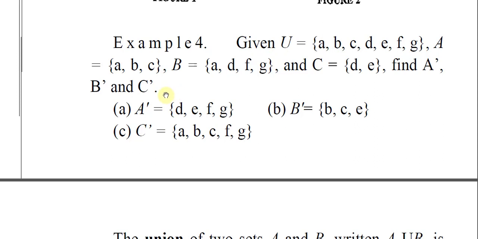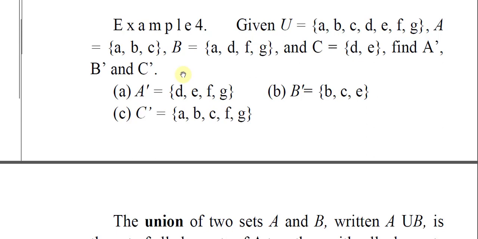The complement of A: we have just A, B, C in A, so what we don't have is D, E, F and G. Similarly, in the complement of B, we don't have B, C, and E. In the complement of C, we don't have A, B, C, F, G. They are the complement sets respectively for A, B, and C.